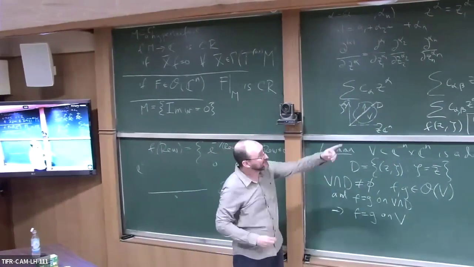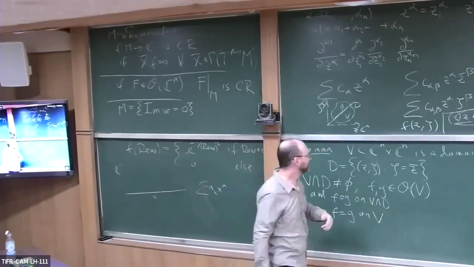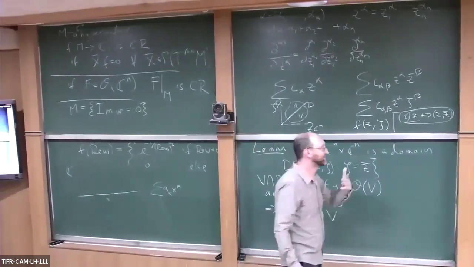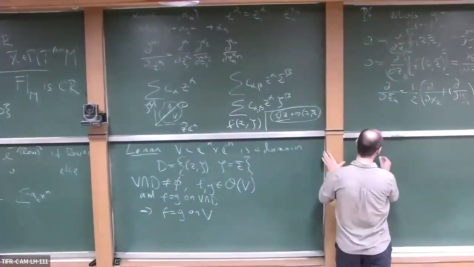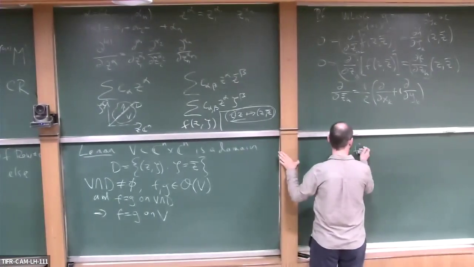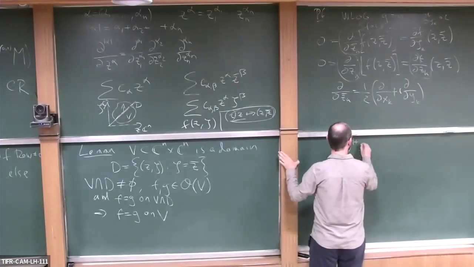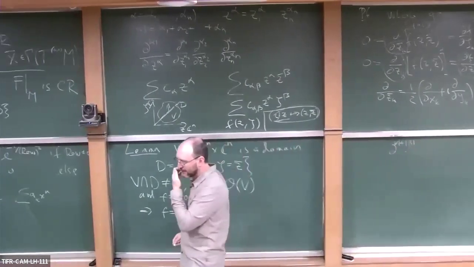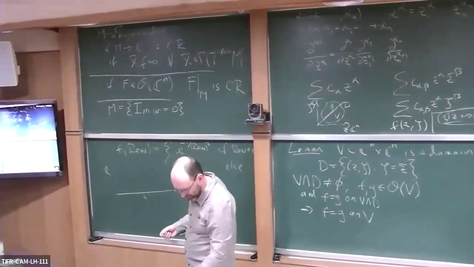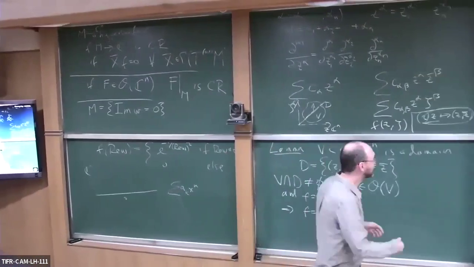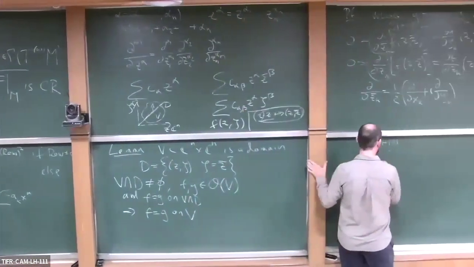Anyway, so we have those two derivatives are 0, and you get every other derivative in the same way. So if I look at any derivative, maybe I can write it out that way.